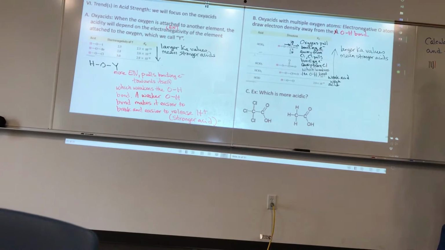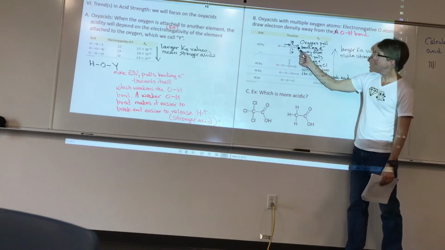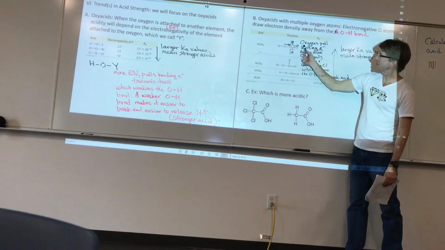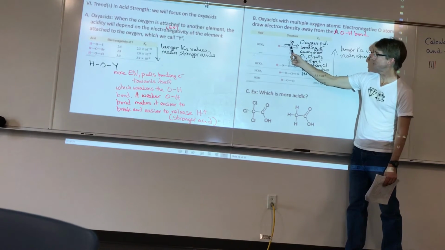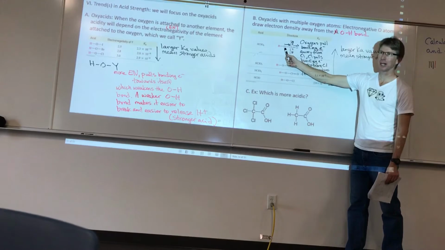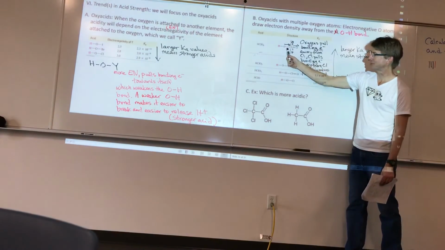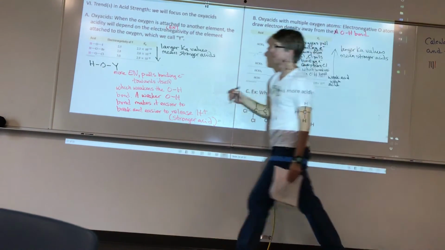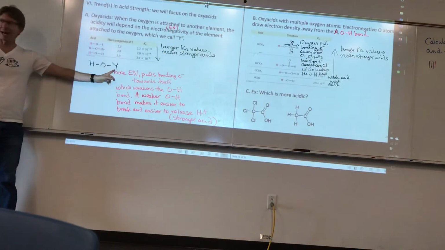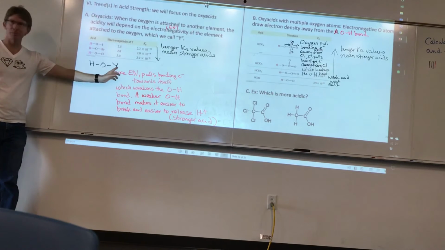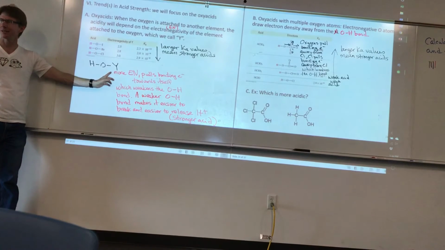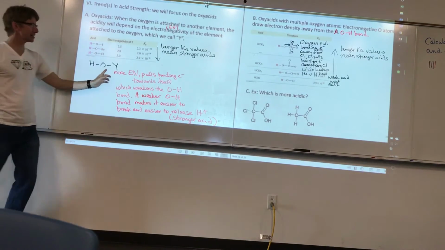Question, Lois? Is it oxygen considered? So these oxygens pull bonding electrons away from the chlorine. This chlorine pulls bonding electrons away from the O. And so you can think of, like, in my head, the atom next to the OH bond can pull electrons away and make it a stronger acid.